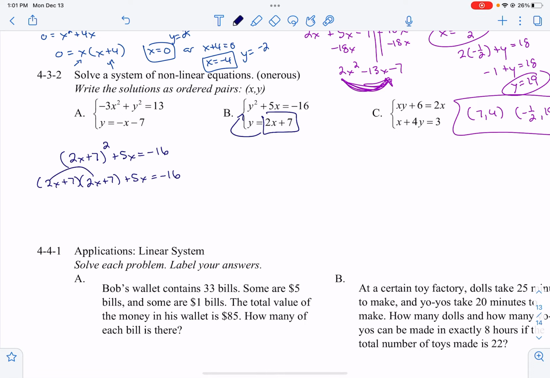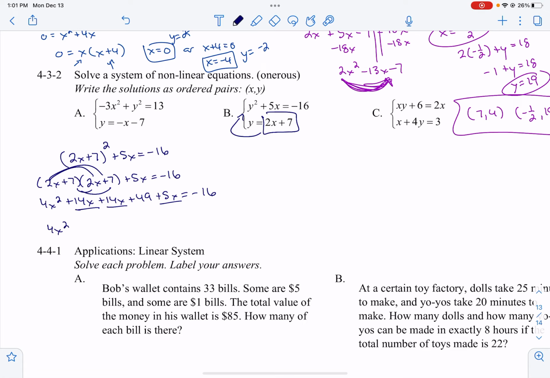So 2x times 2x is 4x squared. 2x times 7 is 14x. 7 times 2x is 14x. 7 times 7 is 49. Plus 5x equals negative 16. Holy smokes. All these x's go together.